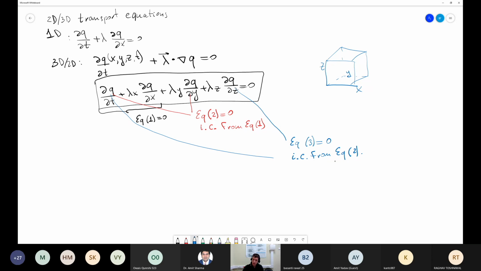Initial conditions at this plane, z equal to 0, x equal to 0, and this one, y equals 0. At these three sides, we have to set three independent boundary conditions. They can depend on time, but in any case, it will give us a chance to propagate along the time. Everything else will be the same.